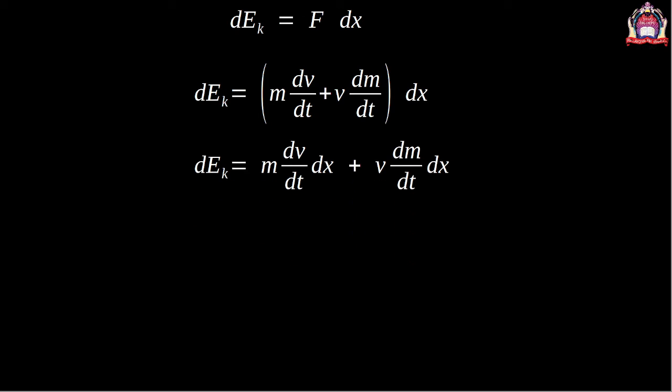By rearranging, we get m (dv/dt) dx + v (dm/dt) dx. So the change in kinetic energy, where dx/dt is nothing but the velocity v, is mv dv + v² dm.